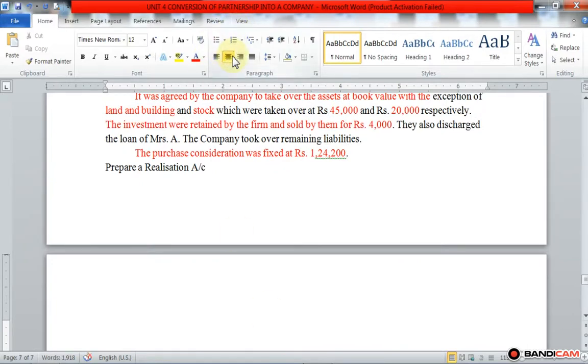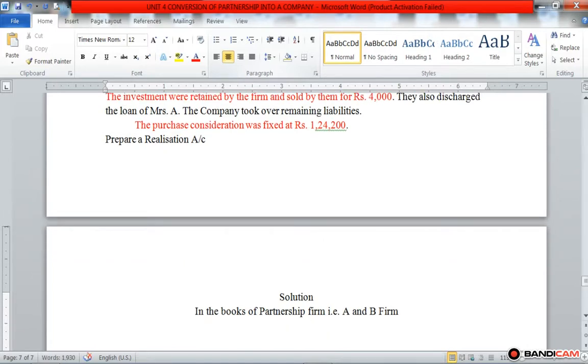So here, solution, in the books of partnership firm, that is A and B firm. Okay, A and B firm realization account.